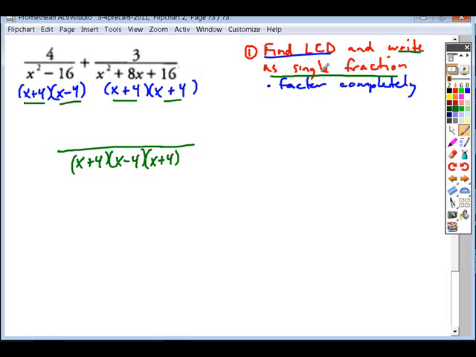As part of writing this as a single fraction, I need to write out the numerator. To find the numerator, you're going to multiply each factor of the numerator by any LCD factor that's missing from its denominator.